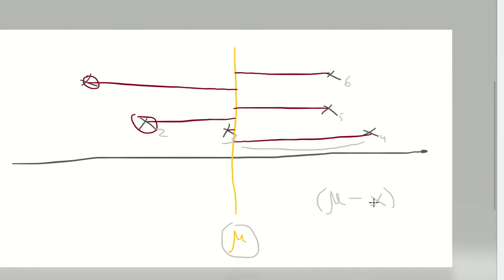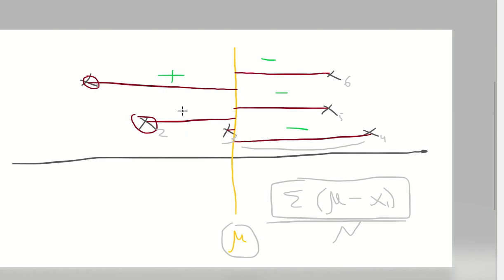So if you do mu minus x1 and then you do mu minus x2, x3, and then you add these together, okay? You want to add them up and you want to divide by n, okay? The problem is when you add up these values, some of the distances are going to be negative. So if I'm doing mu minus x, those are going to be negative, whereas these are going to be positive distances or differences.